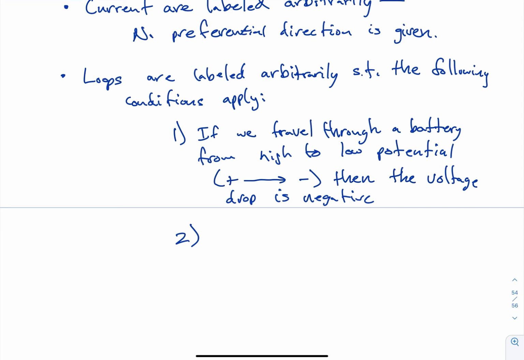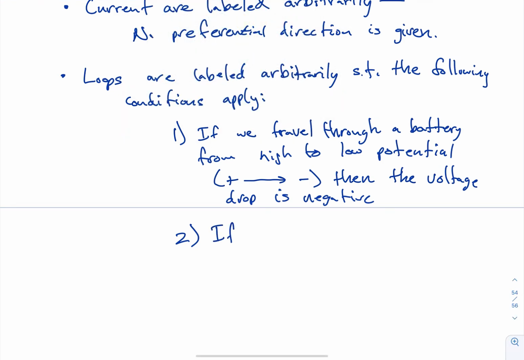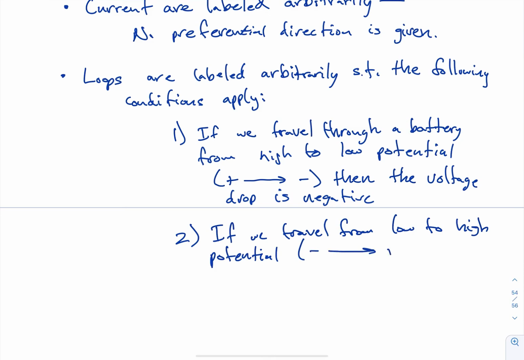The opposite is true if we travel from low to high potential, from minus to plus in the battery: then the voltage drop is positive.